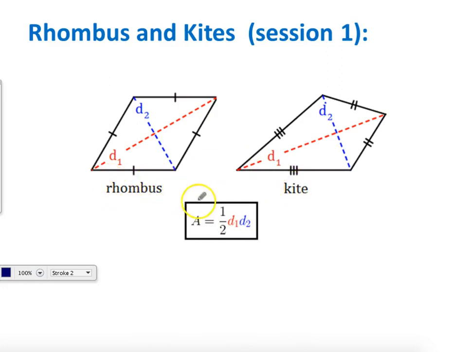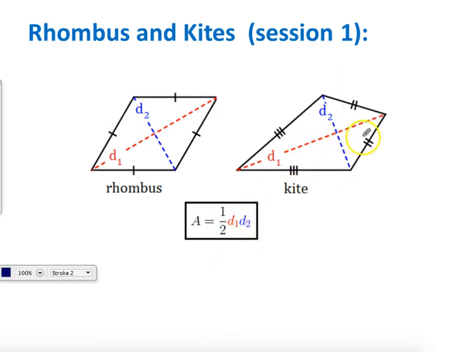To find the area of a rhombus, you take 1/2 of the product of your two diagonals multiplied by each other. Multiply diagonal 1 times the length of diagonal 2, get that product, and then divide that by 2, and that's your area.